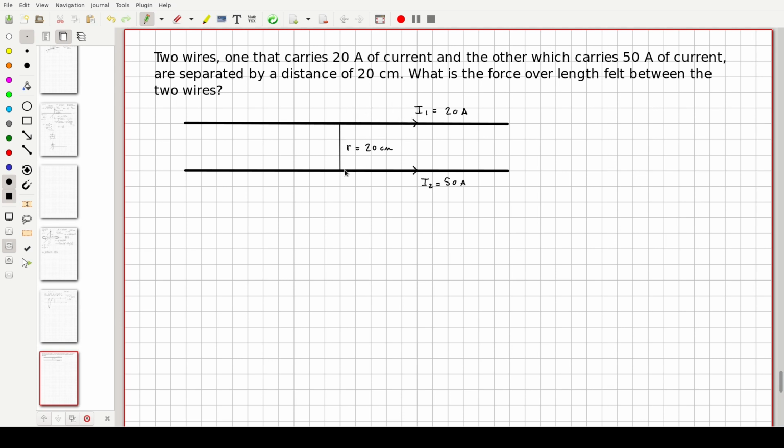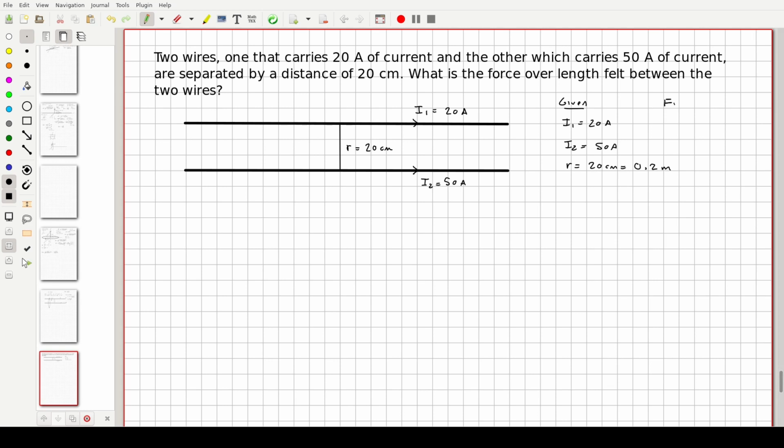And the distance separating these two is 20 centimeters. So what we're given here is that I1 is 20 amps, I2 is 50 amps. The distance is 20 centimeters, which is the same thing as 0.2 meters.